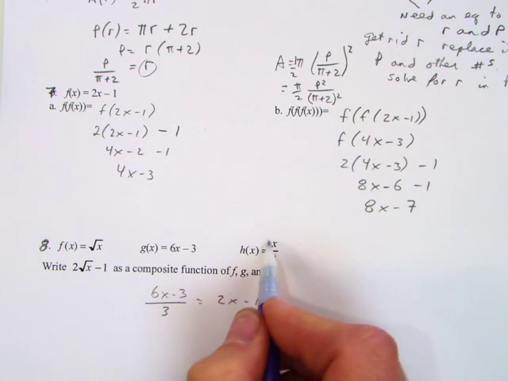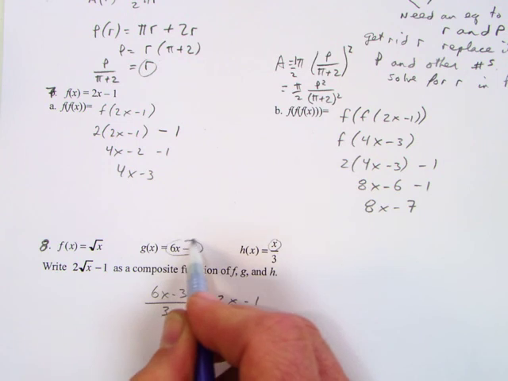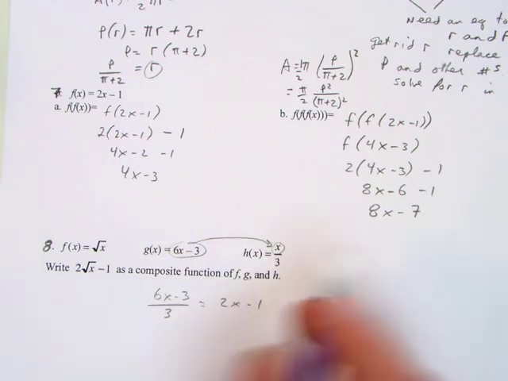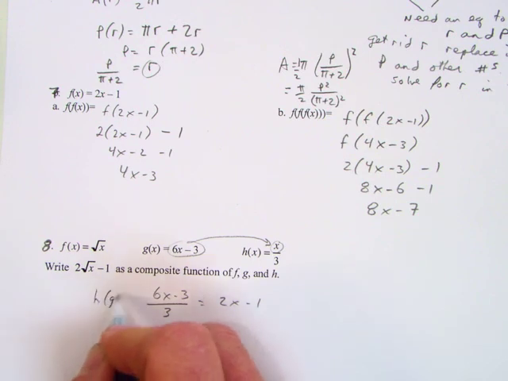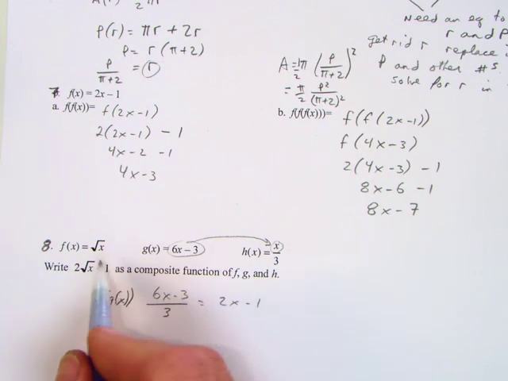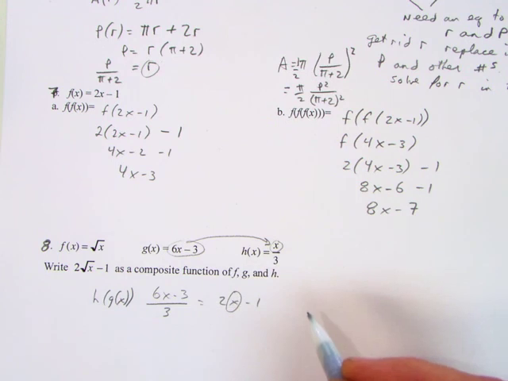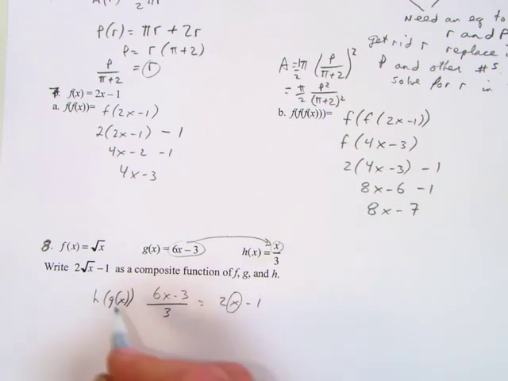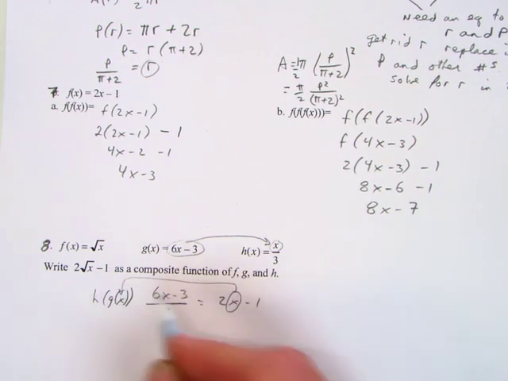So in other words, instead of this x for the h, we want to plug in g. So this would be h of g of x. Now what do we want? We want to plug the f into this spot right there. So in other words, we want that square root of x to go on the inside instead of having this x there.